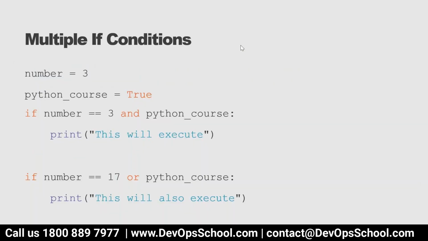Okay, so this is one example where you have multiple if statements. So here, if you see, number is equal to 3, that is true, and Python course is true. So when true, true, what will it return? There are two if conditions actually, multiple if conditions. So then what will it return?